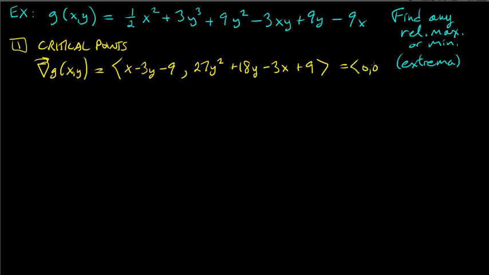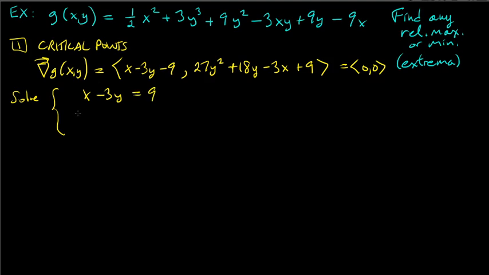And remember, that has to equal (0, 0). And notice the gradient exists everywhere. So the issue of where the partial derivatives do not exist is, again, not an issue for 95% of these examples here. So again, now we just have to solve the system of equations. Let me add the 9 to both sides. So x minus 3y equals 9.